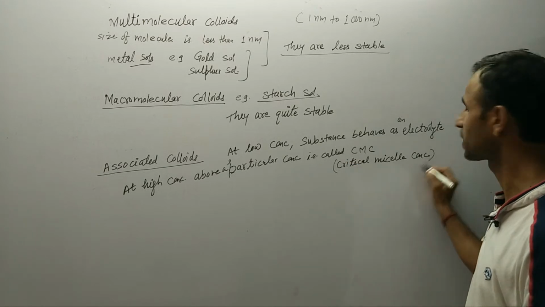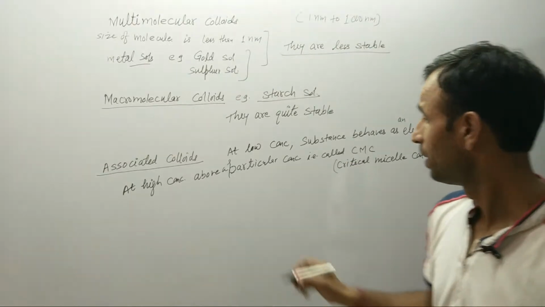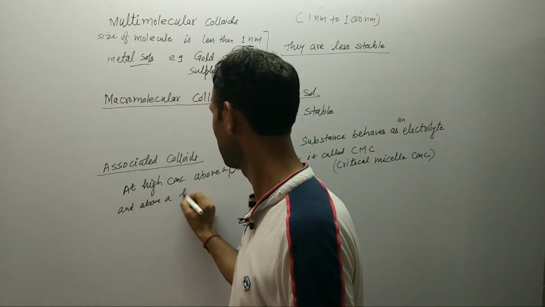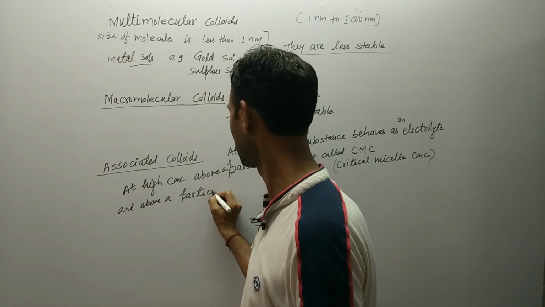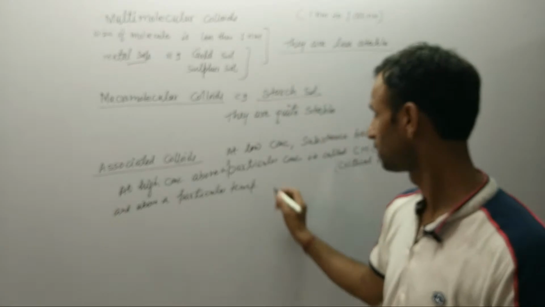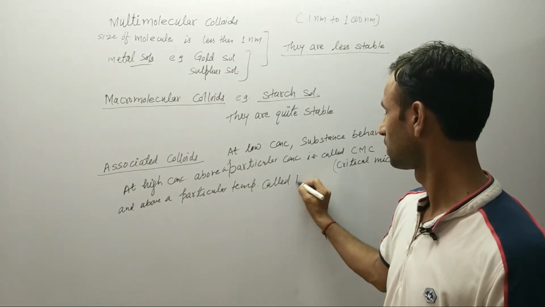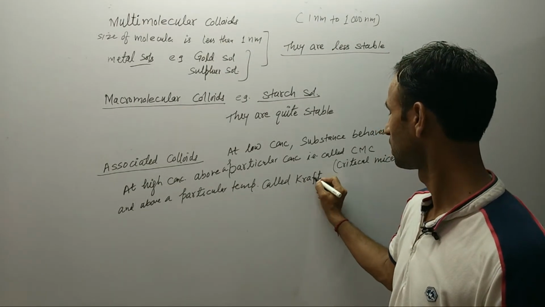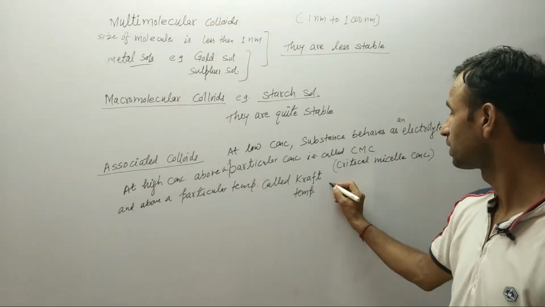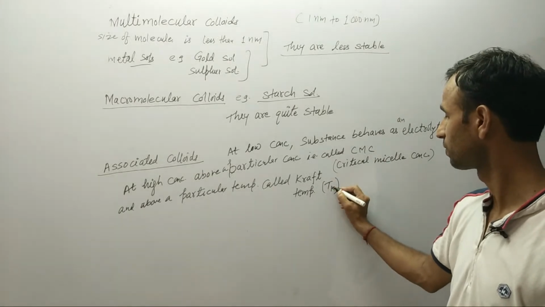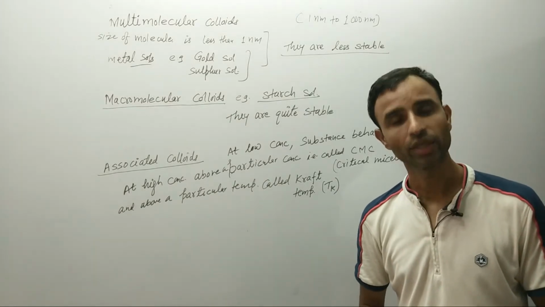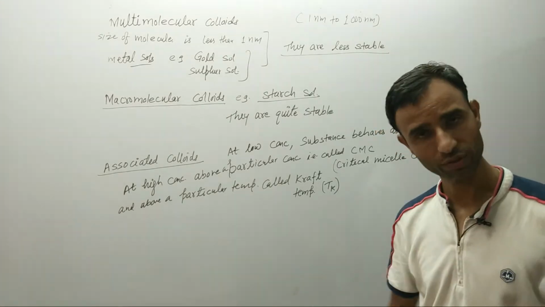Critical micelle concentration, and above a particular temperature called Kraft temperature. What we call Kraft temperature is TK. That is called Kraft temperature.